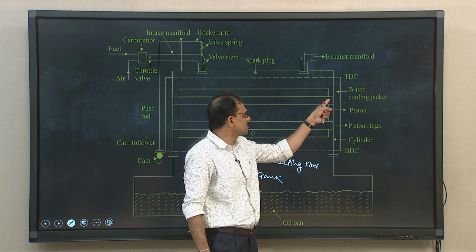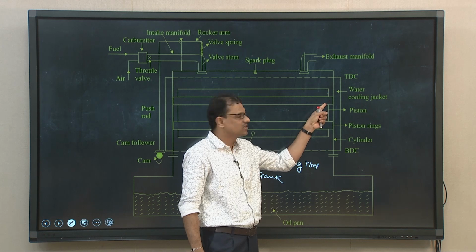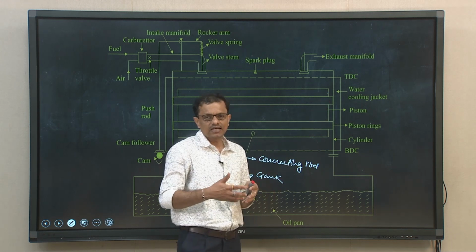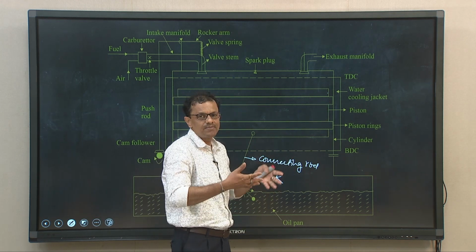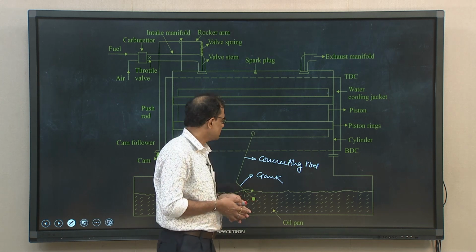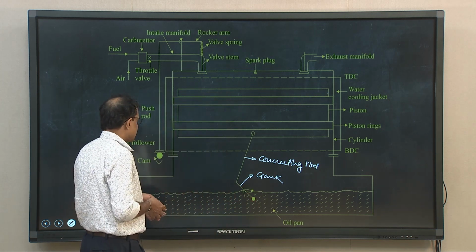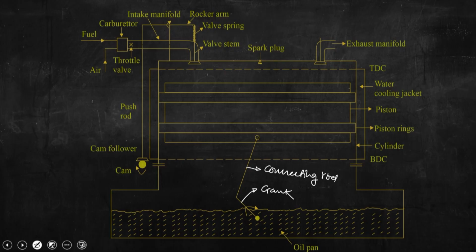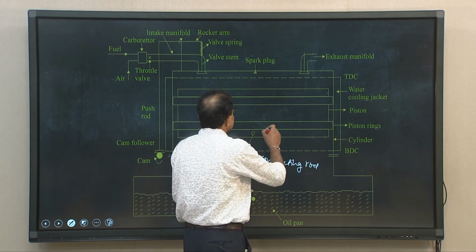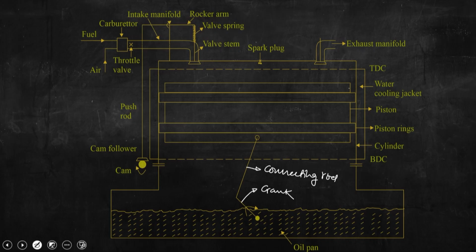But since piston rings are provided, the piston rings can be replaced, and the piston lifetime can be increased. And this connecting rod and crank mechanism is there just to convert the reciprocating motion of the piston into rotary motion, so that we can get some useful work at the shaft.